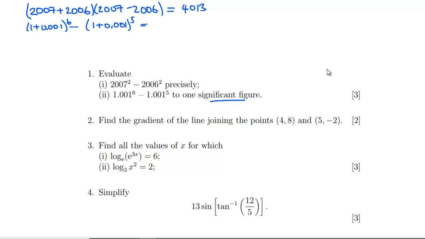So if we're just going to one significant figure, when we expand those out, thinking of what our binomial expansion is going to do, the ones are going to end up cancelling. So all we care about is the difference in the next term. So let's just do two terms for each. So we're going to get 1 plus nx, so 1 plus 0.006. Then we need to take off 1 and 0.005, which is going to give us 0.001. So that's the significant figure.